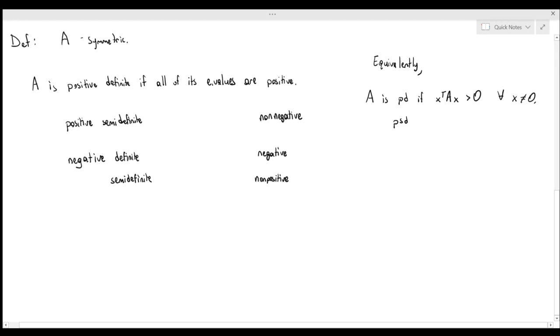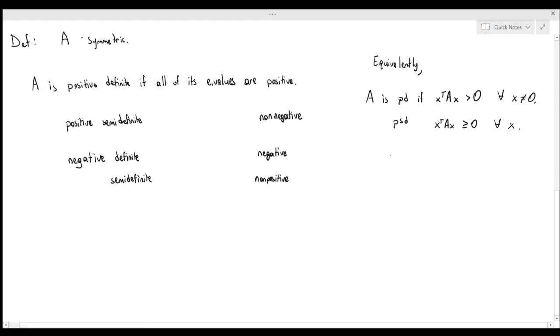And then an equivalent definition of positive semi-definite is for X transpose AX to be greater than or equal to 0 for every X. When X is 0, it's definitely going to be 0.